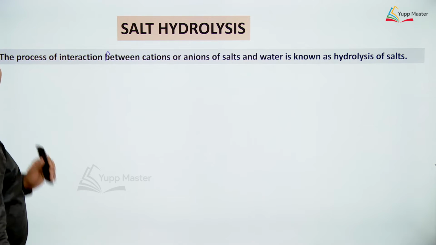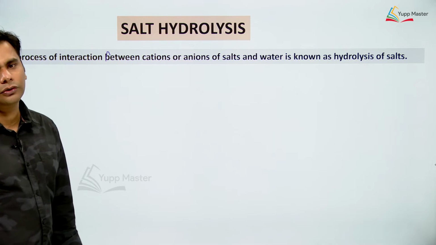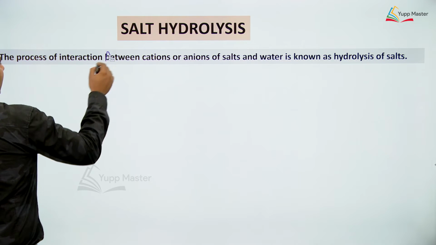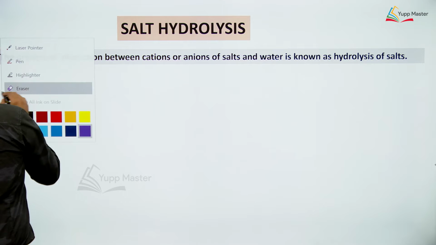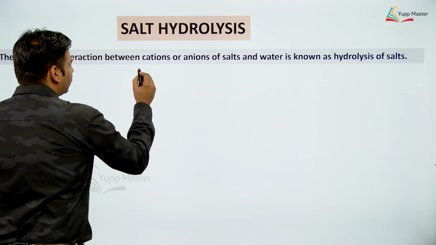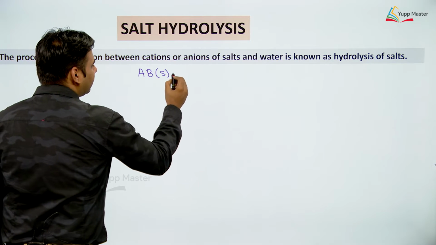So basically we will say that the process of interaction between cations or anions of salts and water is known as hydrolysis of salt. So let us take an example to understand this. Now suppose we are taking a salt, something like AB. Okay, we are dissolving it in aqueous solution.